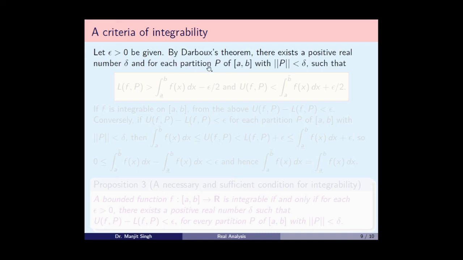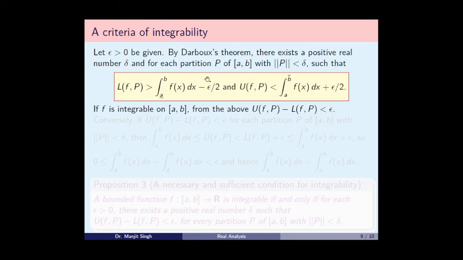So now we will discuss the integrability criteria. Epsilon greater than 0 being given, by Darboux's theorem there exists a positive real number delta, and each partition P of AB whose norm is less than delta will satisfy these inequalities.